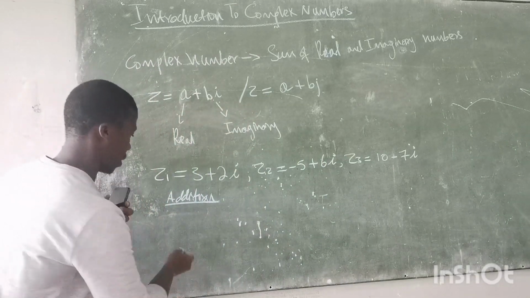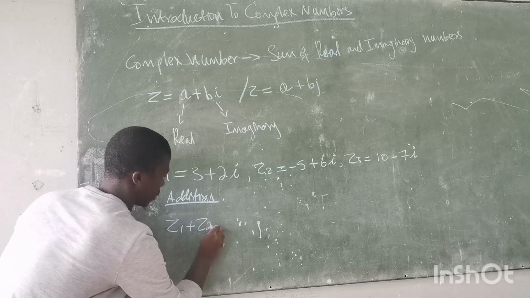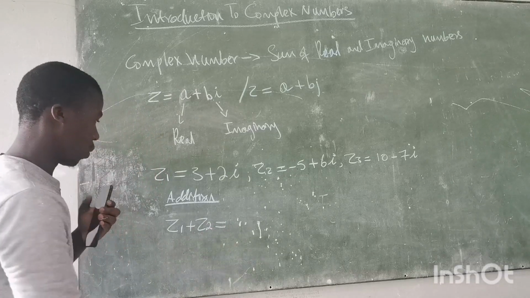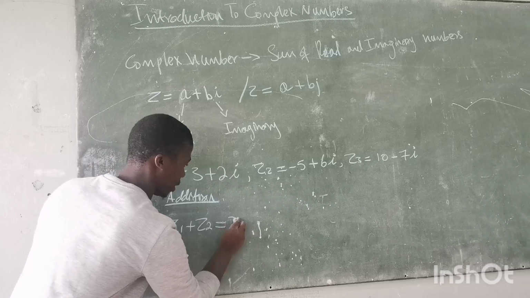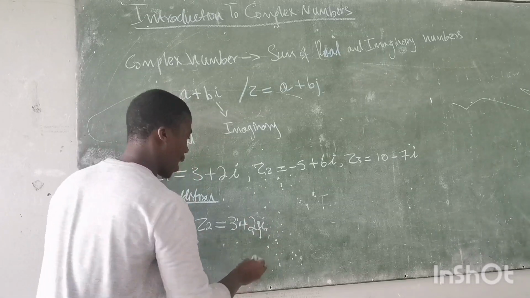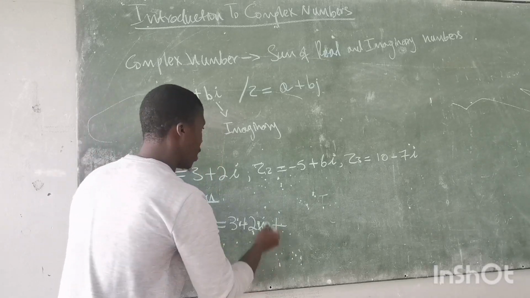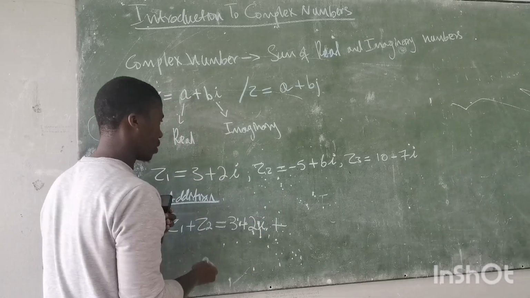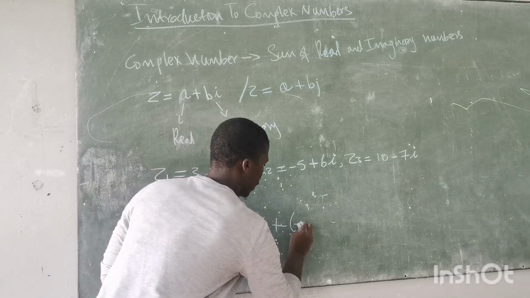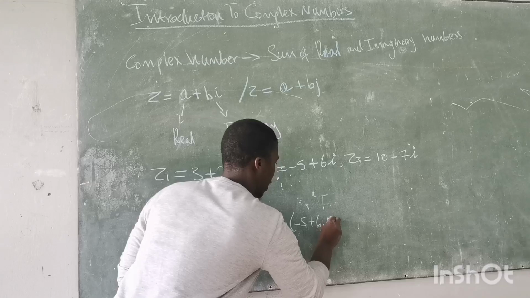Okay, now let's add Z1 and Z2. Our Z1 is 3 plus 2i, plus our addition sign, and then our Z2 is minus 5 plus 6i.